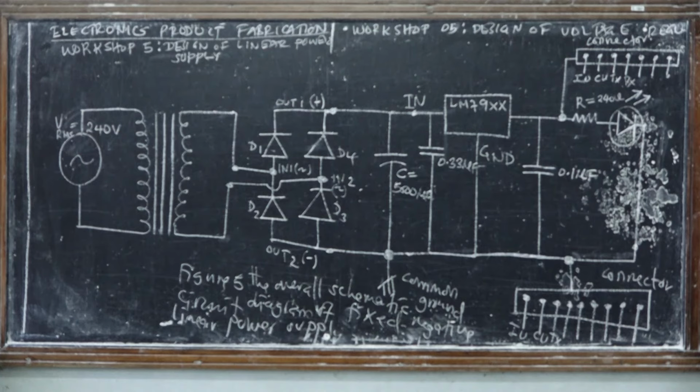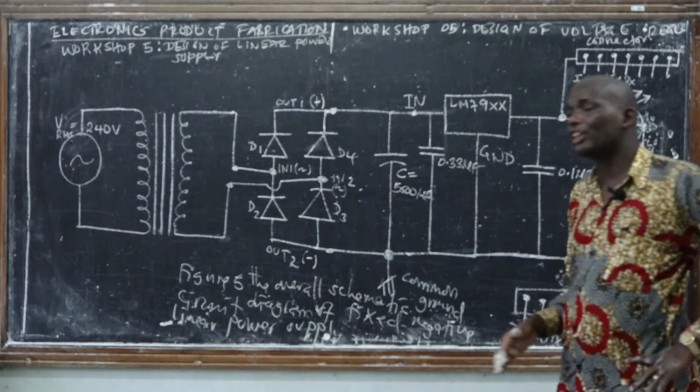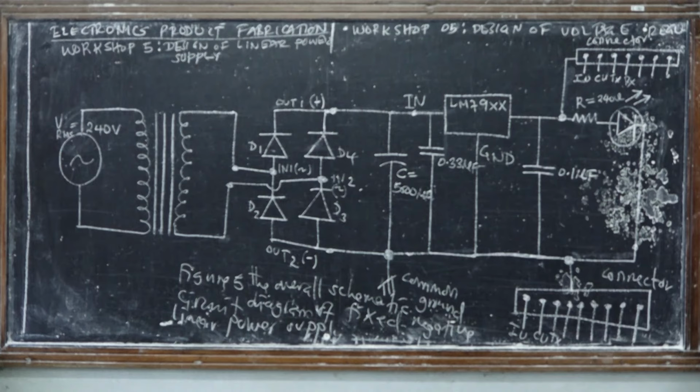In that case, you may not use a single fixed positive linear power supply to power your system, because it is going to provide a current of 1 ampere, or 1.5 ampere, which is less than the 1.8 ampere or 2 ampere required by your system.